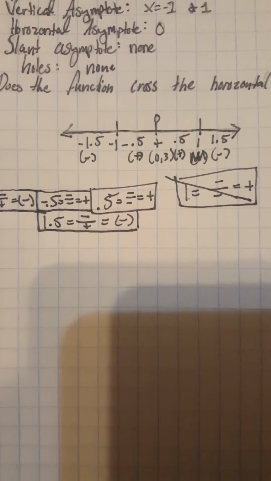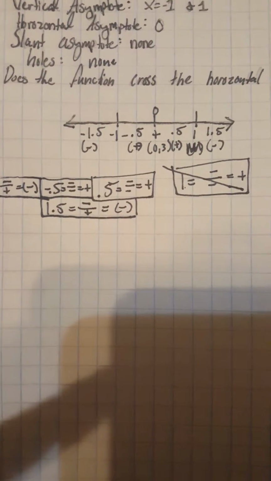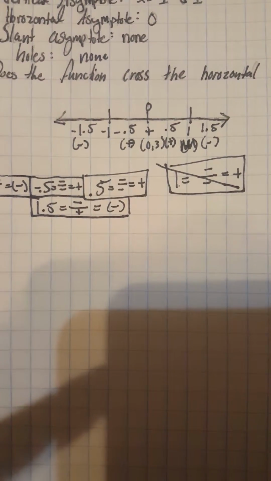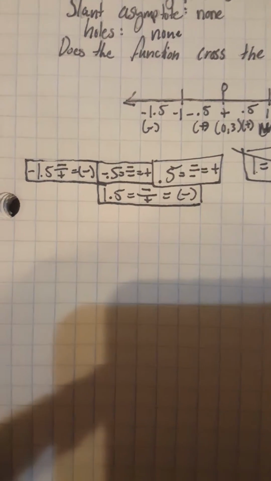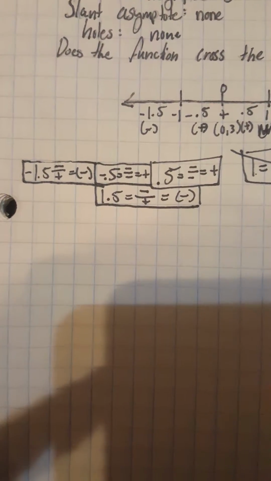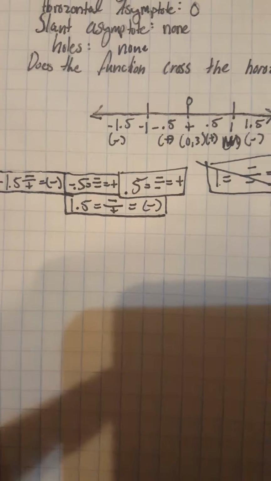Moving on to the line graph, I utilized negative 1 and positive 1 as points of reference. Initially, I used negative 1.5, which once I plugged into the equation gave me negative over positive, which equals a negative value on the graph.